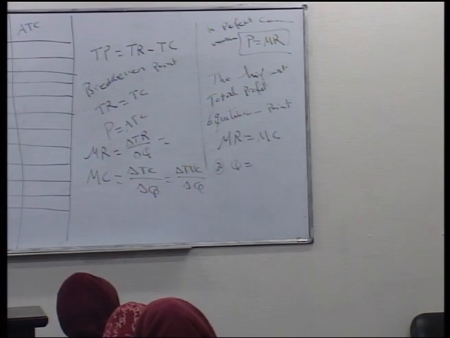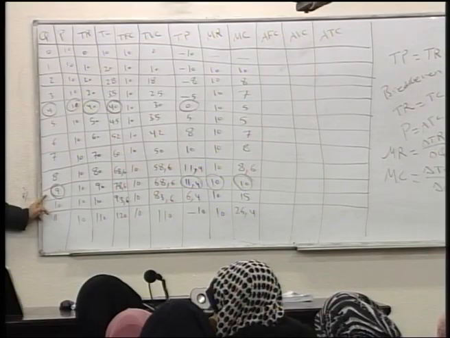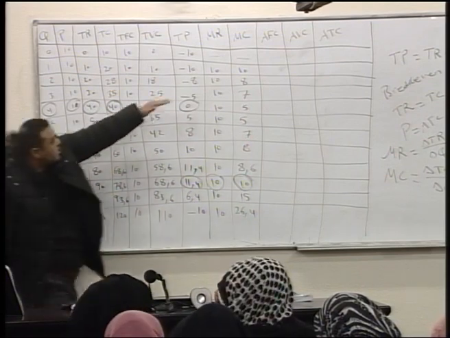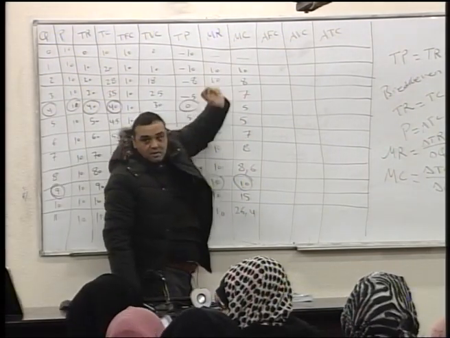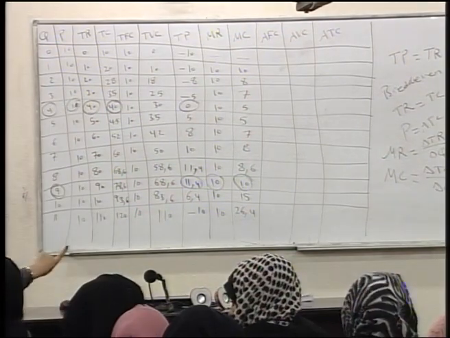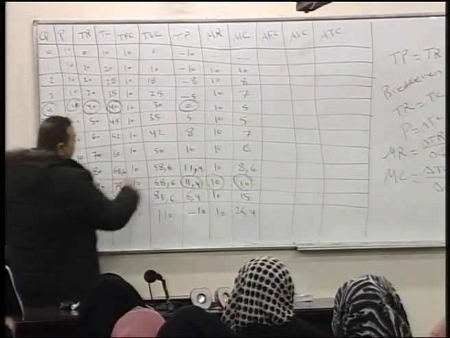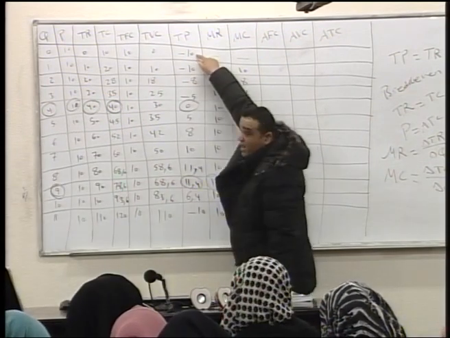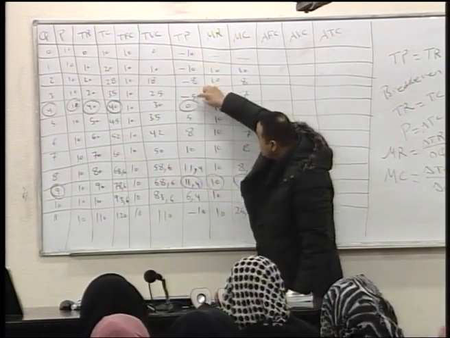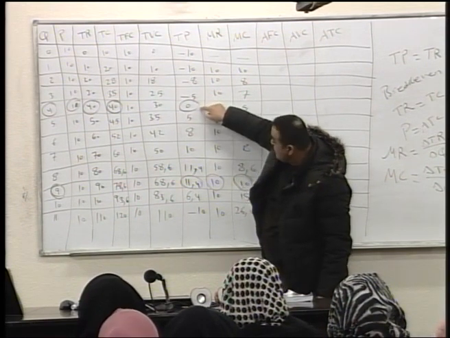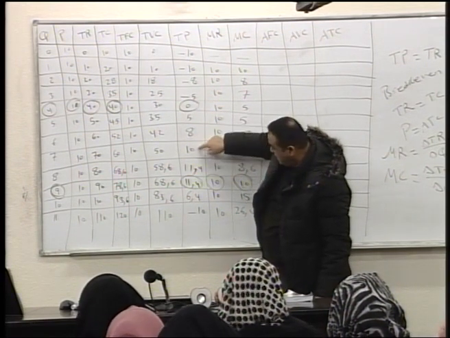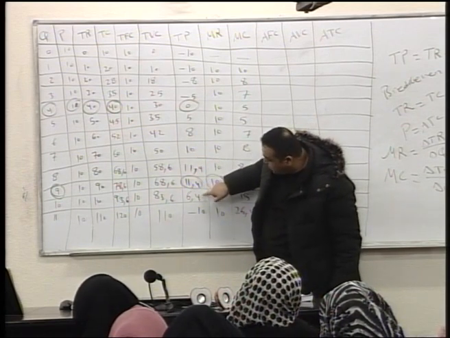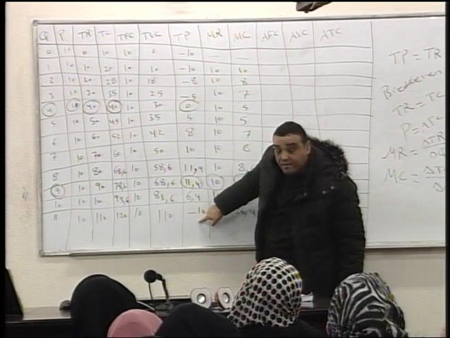So for this company, leave that one, the one above has no meaning. Where's the highest profit? The highest total profit. Minus, we have a loss, break even. Here we have profit: 5, 8, 10, 11.4, 11.4, 6.4, minus 10.